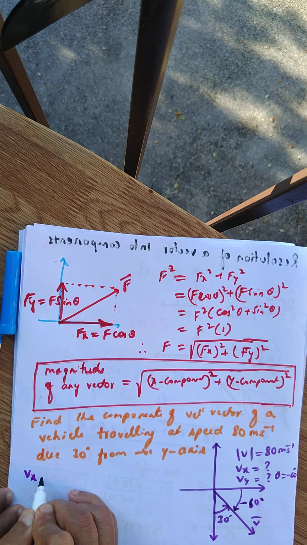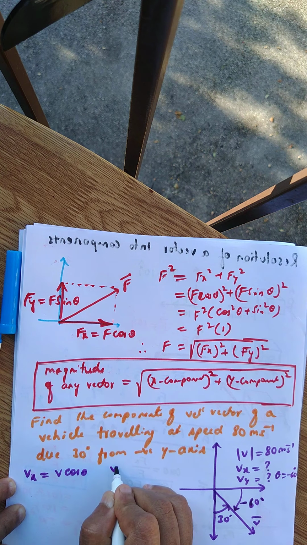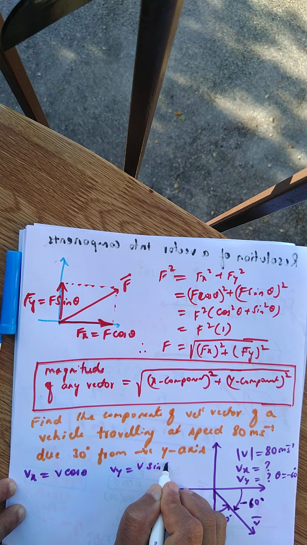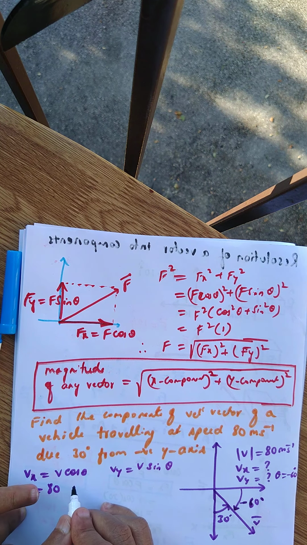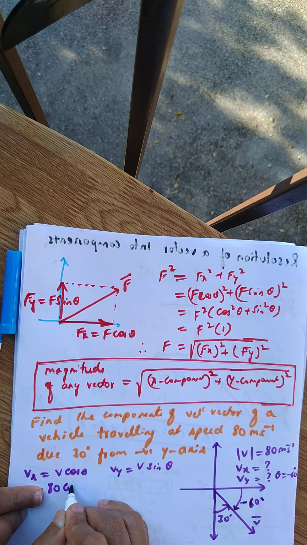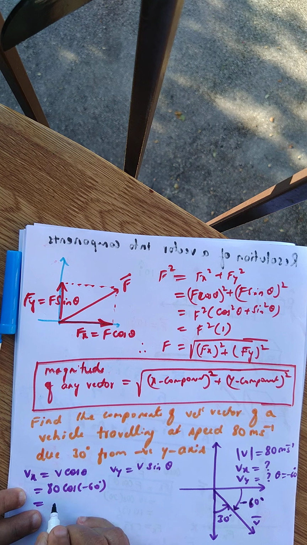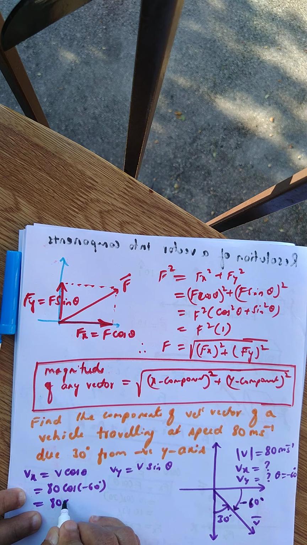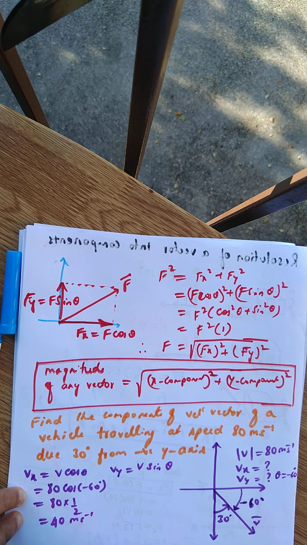So let's apply our formula. Vx equal to V cos theta and Vy equal to V sin theta. So it is 80 meter per second cos of minus 60 degree. Cos of minus theta is cos theta, so 80 into cos 60, which is 1 over 2, is 40 meter per second. What is this?